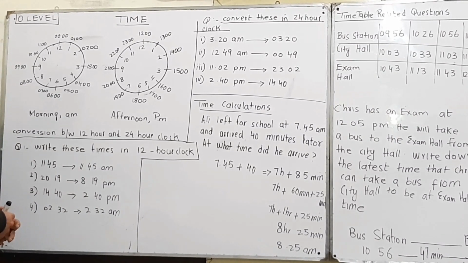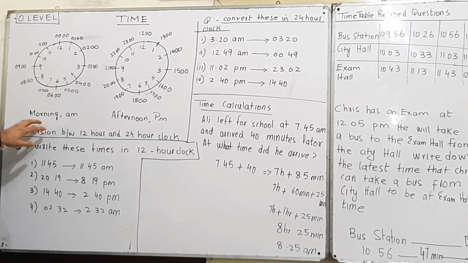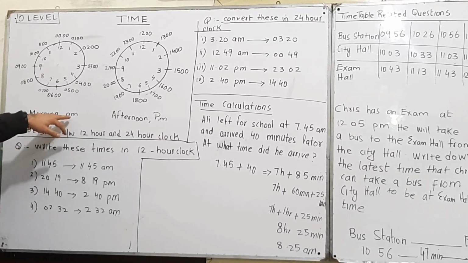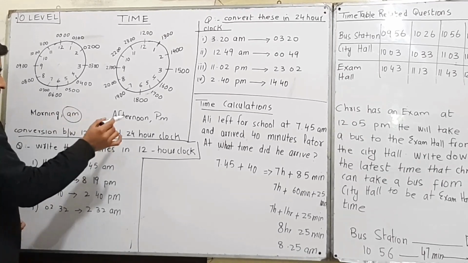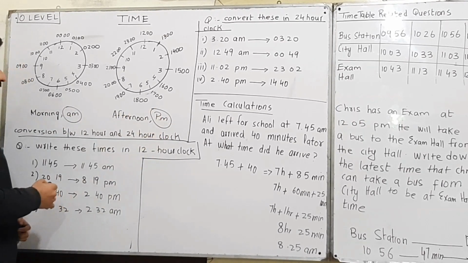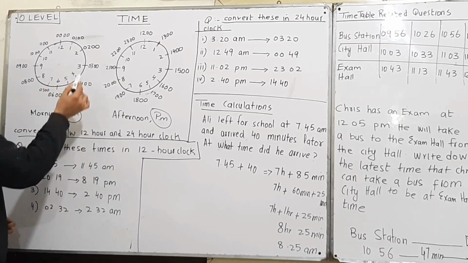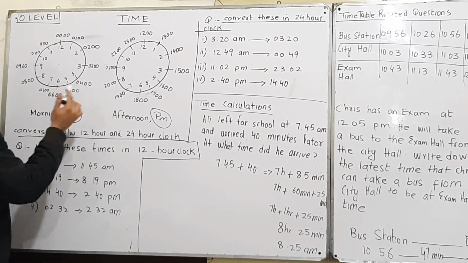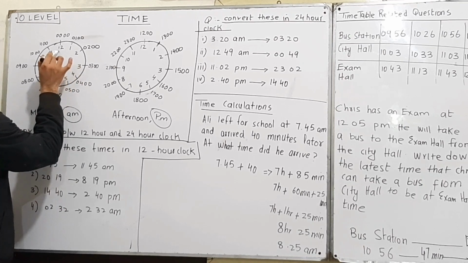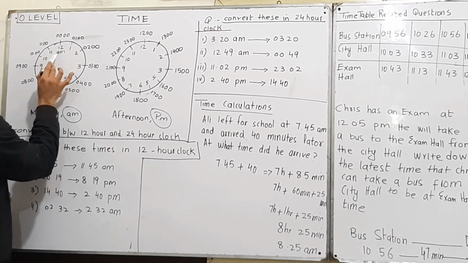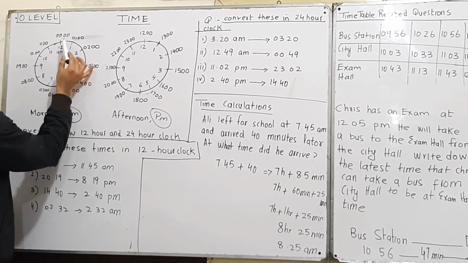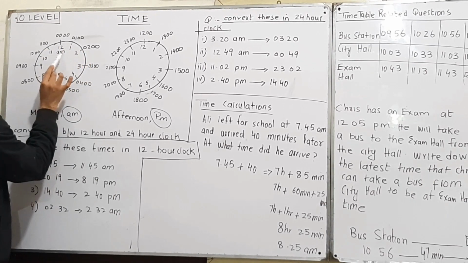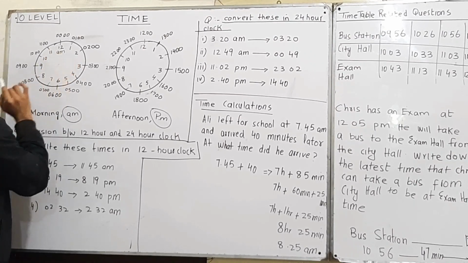So we have this clock and this represents morning time, which has AM in the 12-hour clock. In the 12-hour clock you have AM and PM with the time. For example, in this clock, this is the morning time, this is 12 AM, and with AM we have the 12-hour clock system here, while in the 24-hour clock 12 AM is 0000.